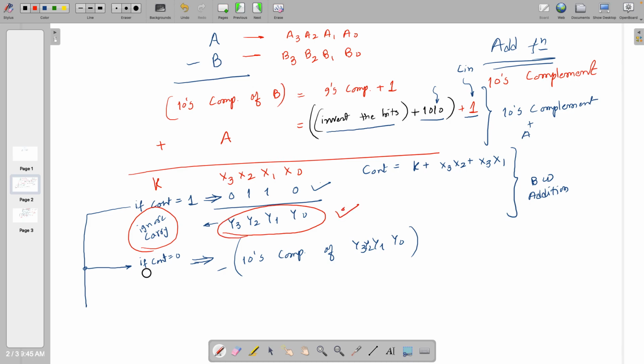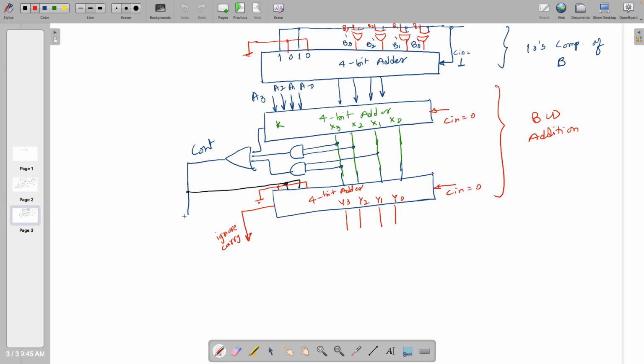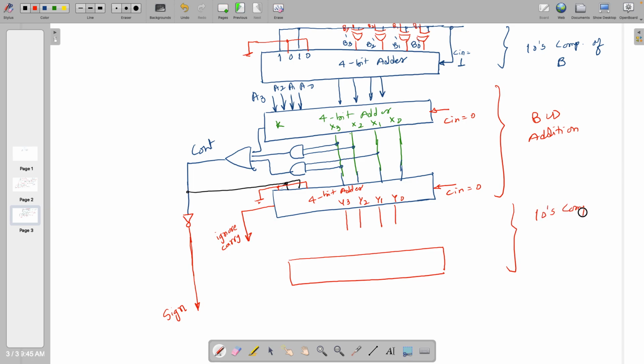And if C out equal to 0, then this particular sign bit is getting activated, and then I need to take tens complement again. So how to take tens complement? Just invert these bits to get the nines complement.